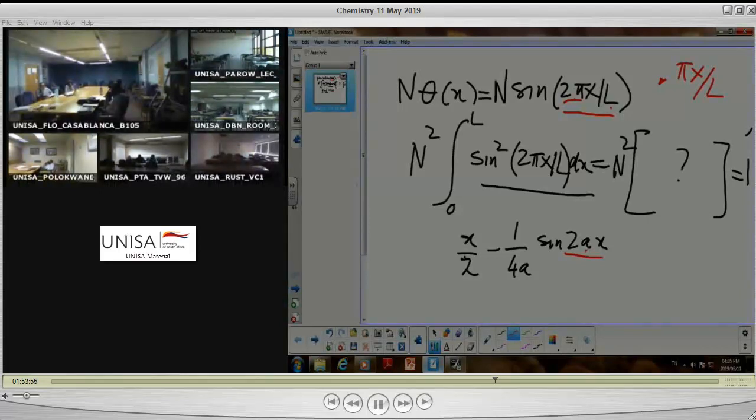And your A here is 2 pi over L, so it means it will be an 8 pi, and your L goes up there.